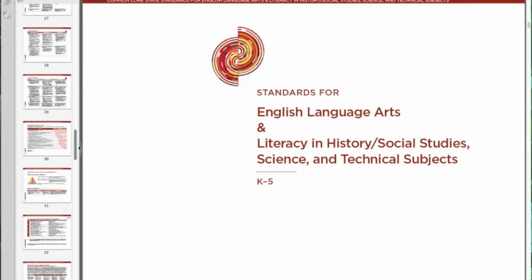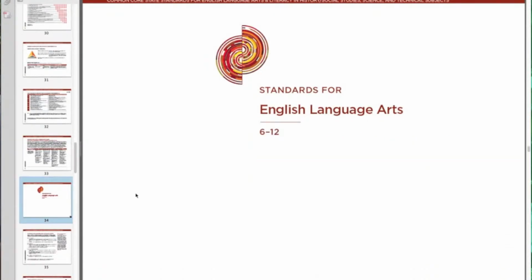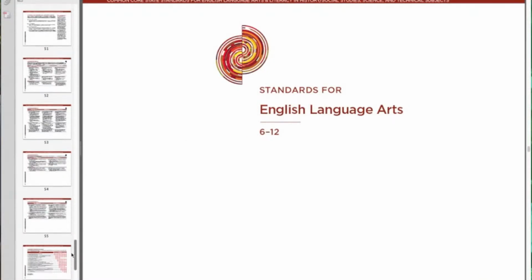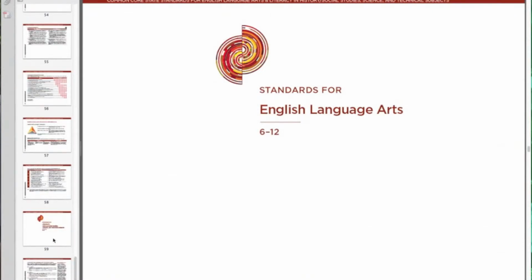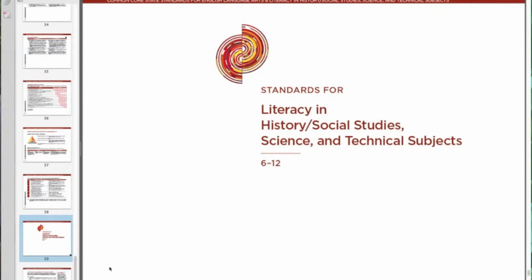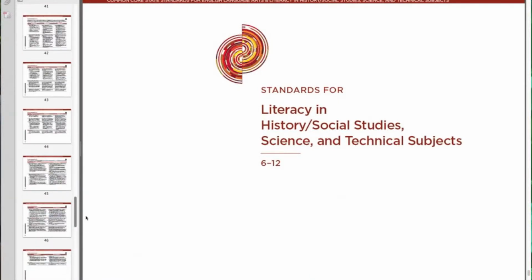There are English language arts standards for grades 6 to 12 in the second section. And then the third main part of these standards is literacy in history, social studies, science, and technical subjects, grades 6 to 12. So now that we've looked at the three main sections, let's look more closely at each section to see how it's laid out.